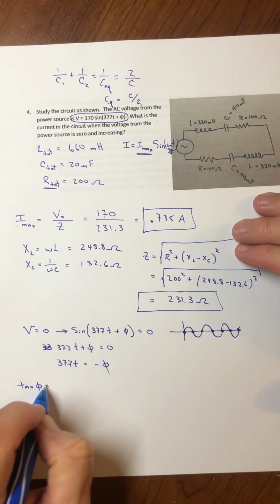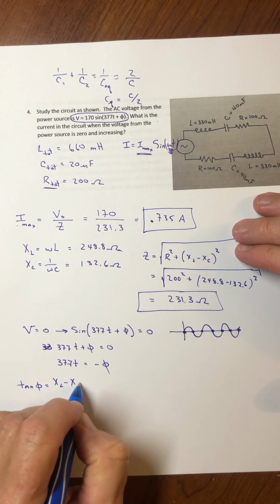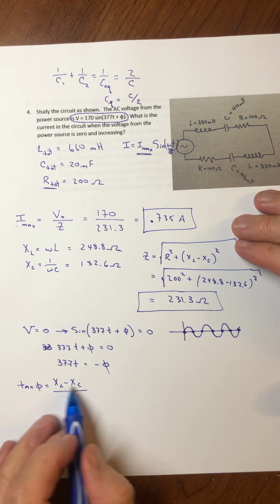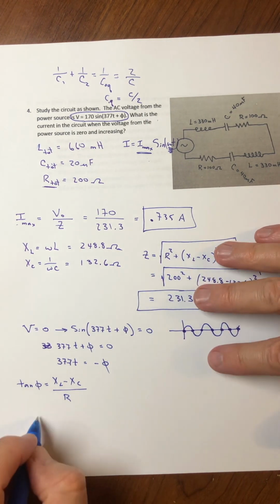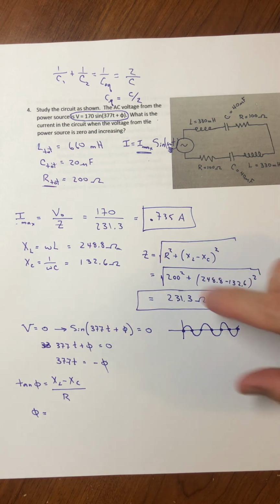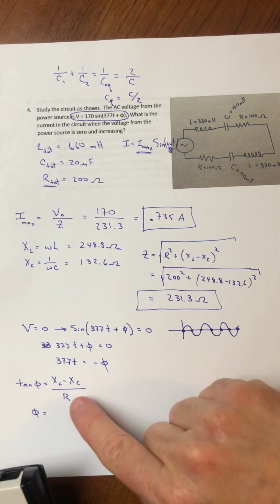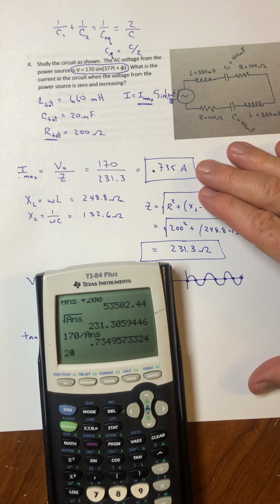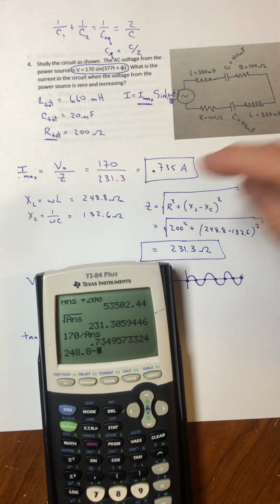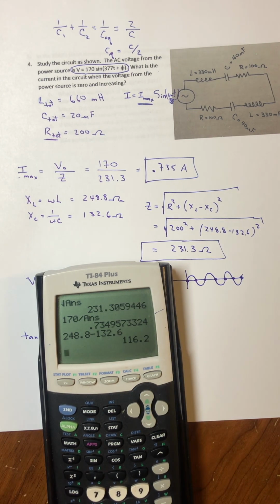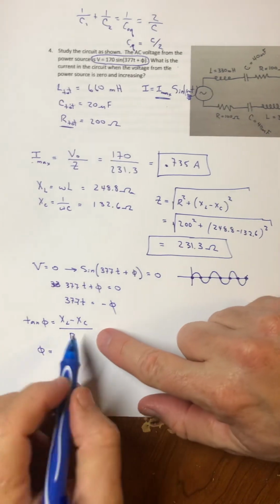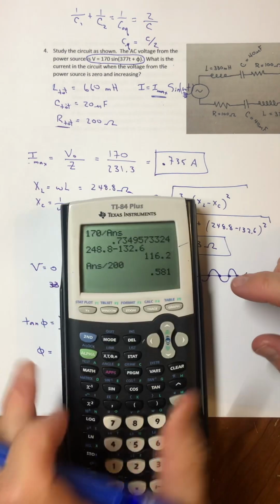We said the tangent of the phase was, again, the inductor and capacitor competing with each other divided by the resistance. And so knowing these numbers, on the numerator here, I can again go 248.8 and subtract the 132.6. So there's my numerator. When I divide that by the 200, that is tangent of phi.